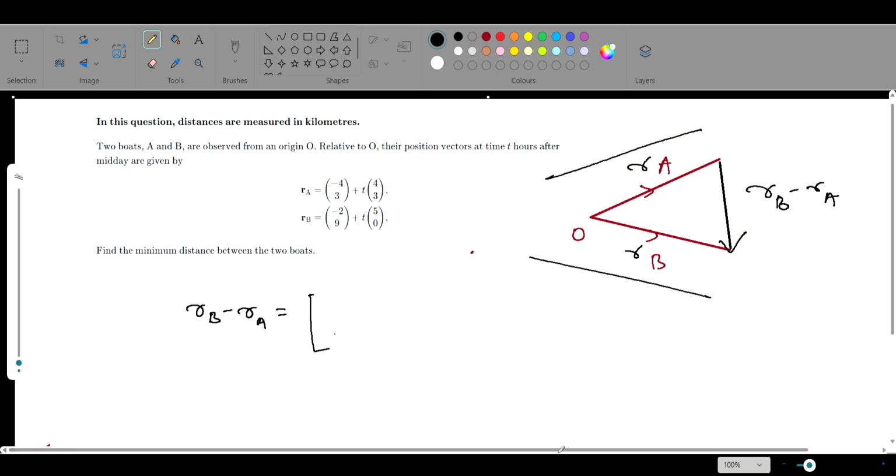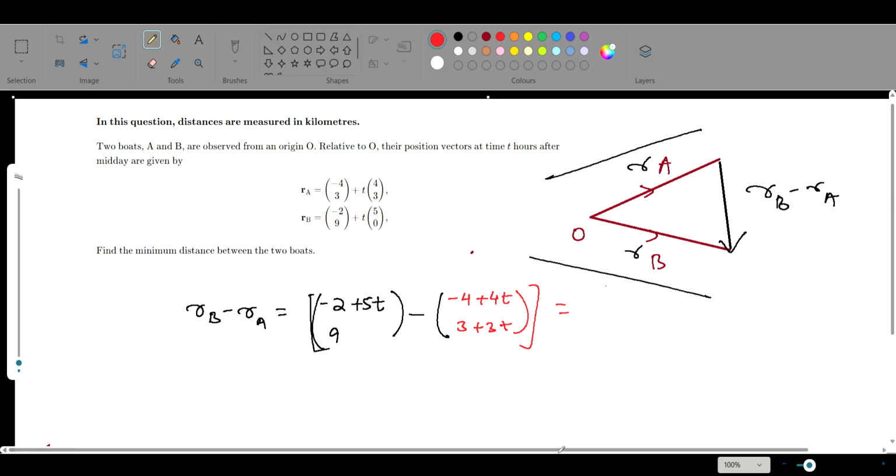RB, which is minus 2 plus 5t, 9 plus 0t, so it's just 9, minus RA, which is minus 4 plus 4t, 3 plus 3t.